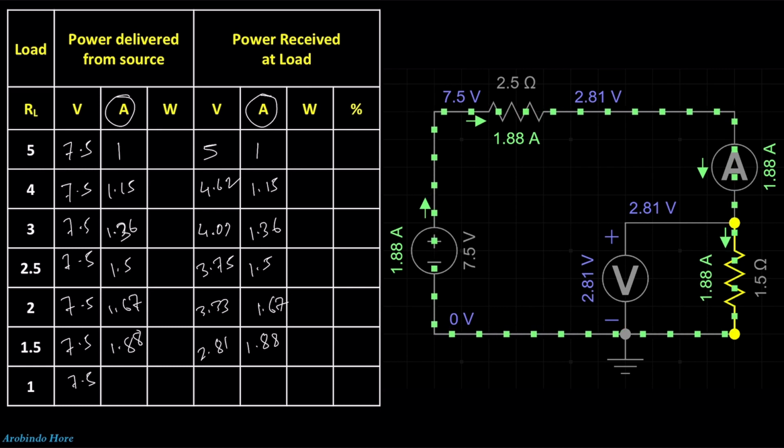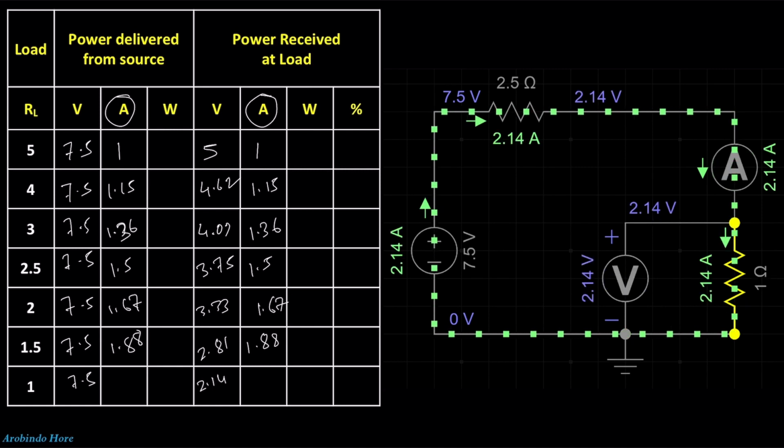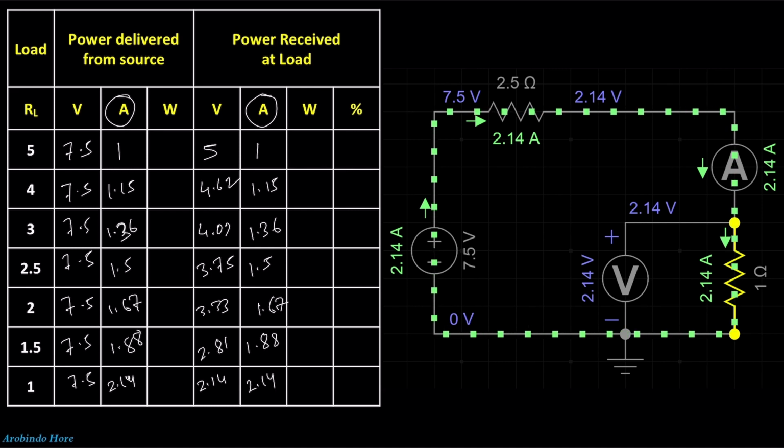And for 1 ohm, the load voltage is 2.14 volt and source current is 2.14 ampere.